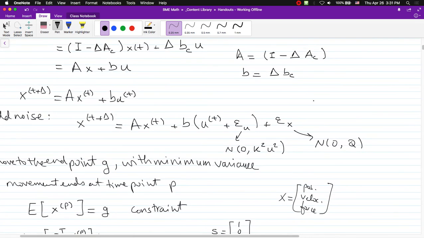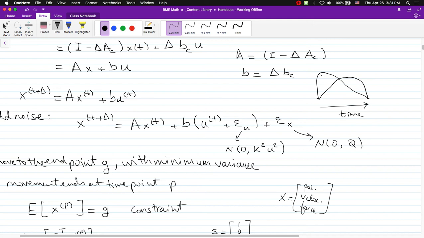But then, you're trying to move from here to here. And there's some time that's going to pass as you make this movement. Should you produce big forces early, or should you produce big forces late in your movement?